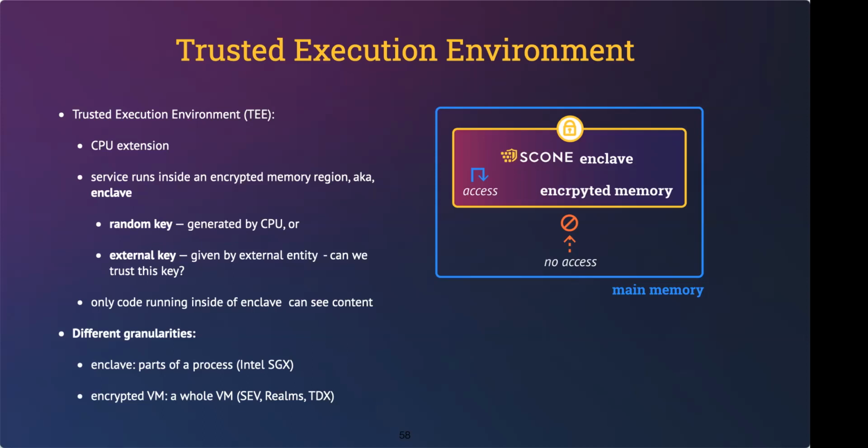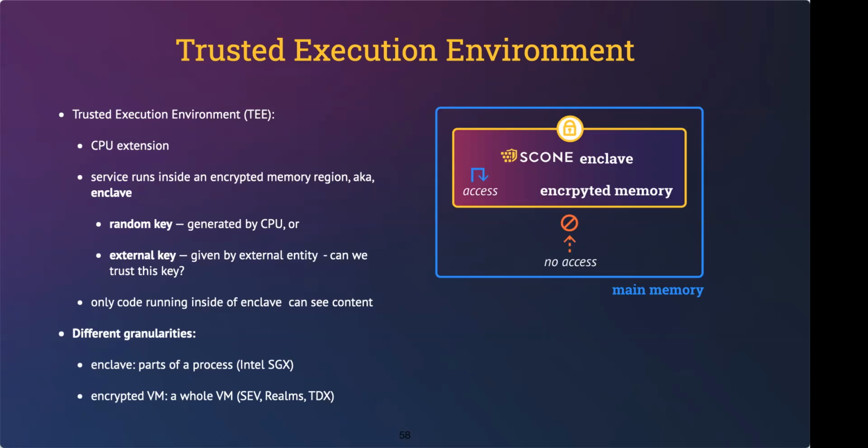But you have to be careful. There are some enclave technologies where I can set that key externally. That means if that key is set externally, I have to protect that key so that nobody else can access my data. So there is some problem if you have an externally given key.